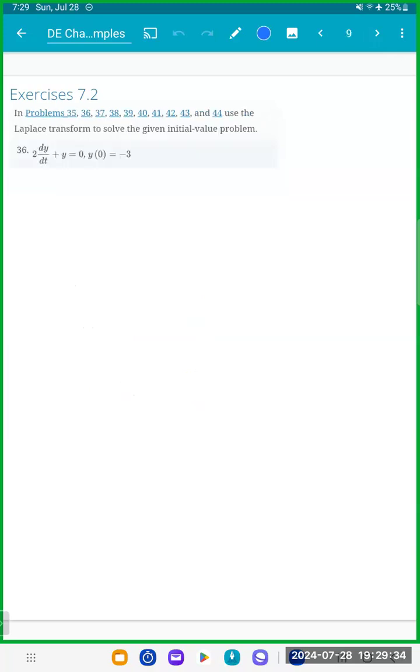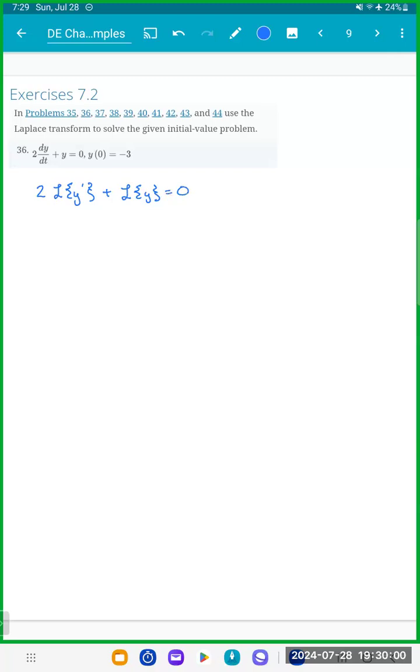For this one, we're going to use our Laplace transform to solve the given initial value problem. We have 2 times the Laplace of y prime plus the Laplace of y equal to 0.